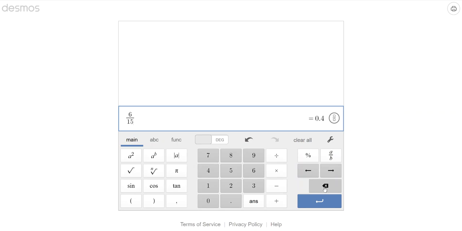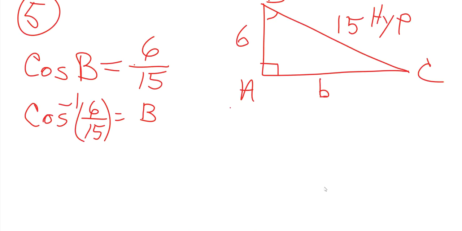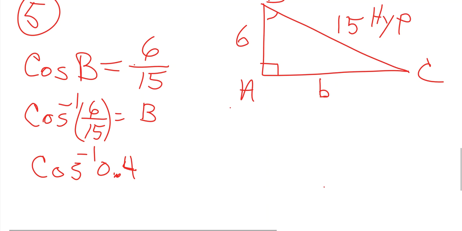So let's go back over here again to our little guy right here. So this is the inverse cosine of 0.4.